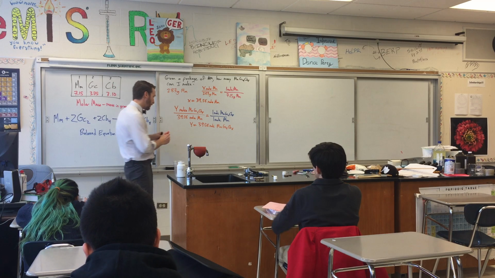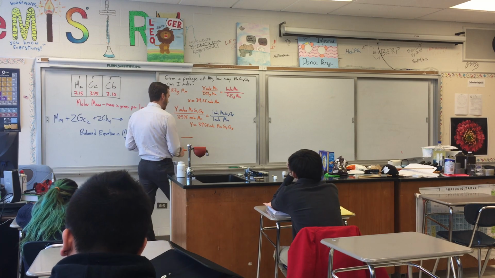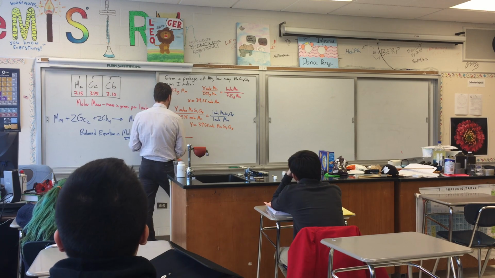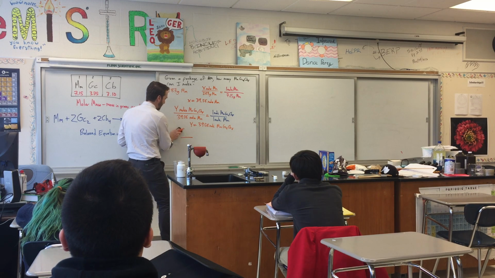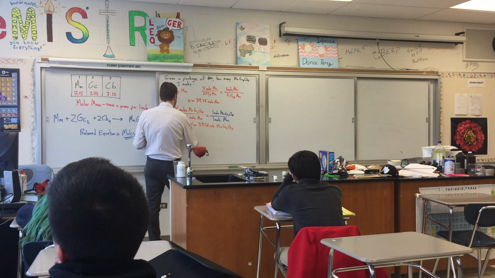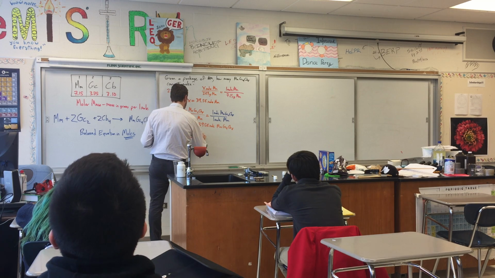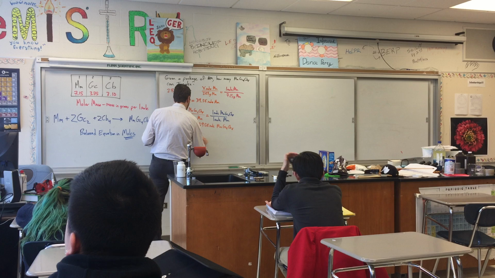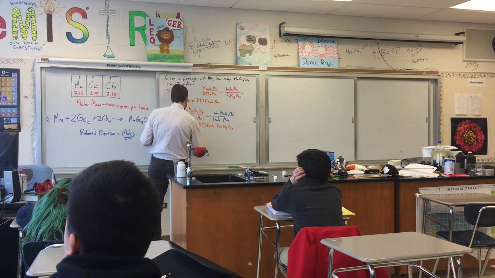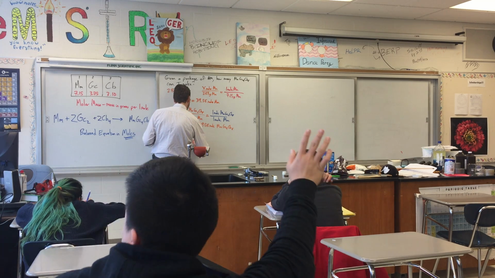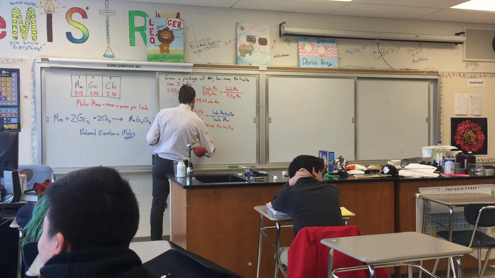Well, for our sample, we want to know how many grams. Maybe I'll use a Z here since I already used an X and a Y. How many grams of s'mores are proportional to 39.58 moles of s'mores?